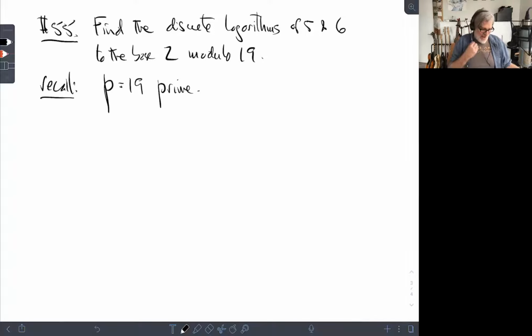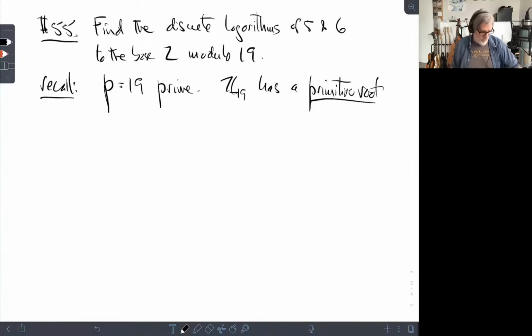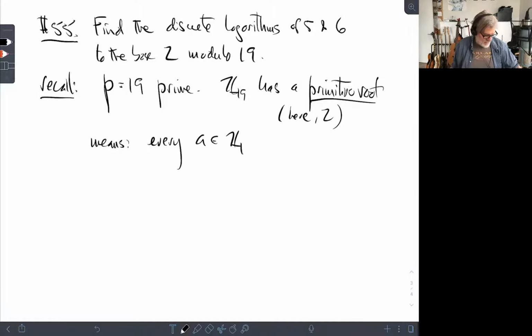I know that Z19 has a primitive root. What is a primitive root? It is a generator. We don't know which it is, but here we're told that 2 is a primitive root. What does that mean? It means every a in Z19 which is not 0 is of the form a power of 2.